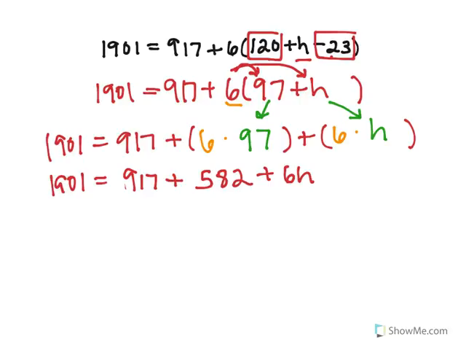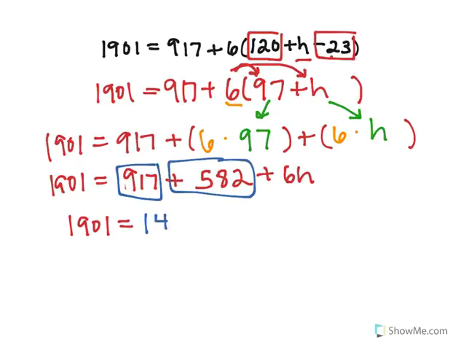When we combine like terms, we're going to go ahead and combine 917 plus 582. We end up with 1901 equals 1499 plus 6h.